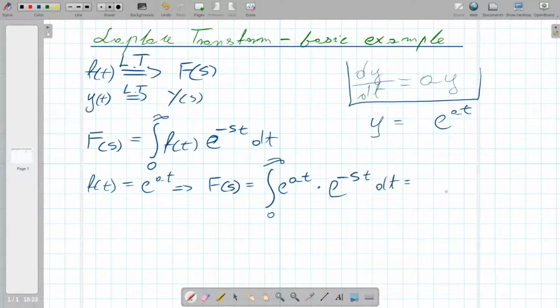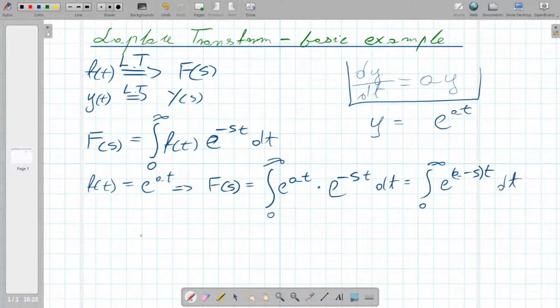This is particularly simple to compute. It is e to the power of (a minus s) times t, dt.